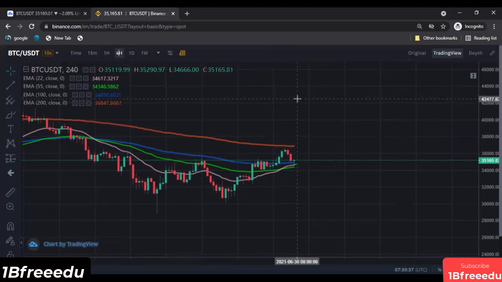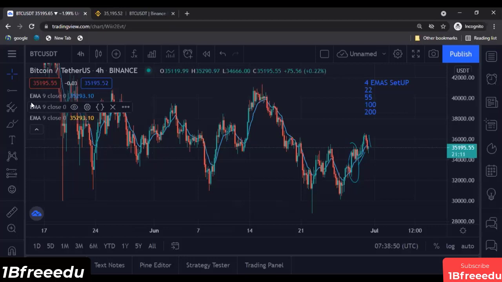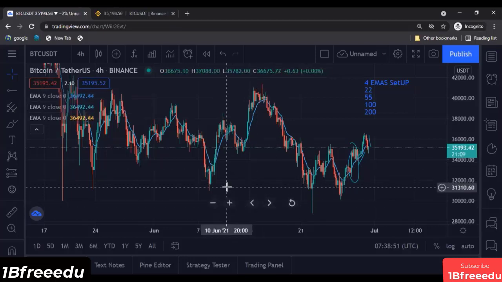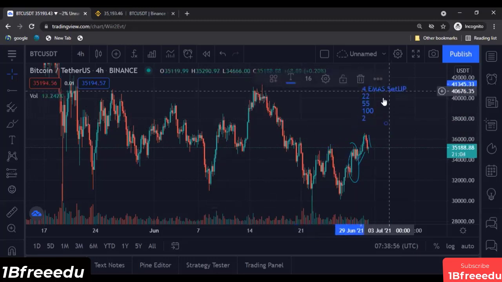These are basically for a beginner. I would say you can use this to check where the resistance and the support are. And not only that, you can also draw trend lines to check the support or the resistance.